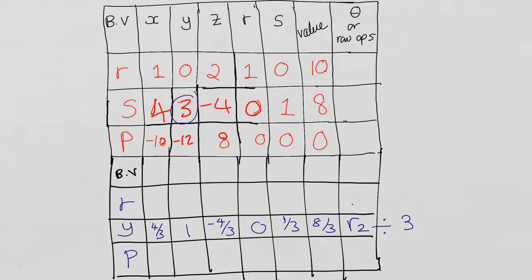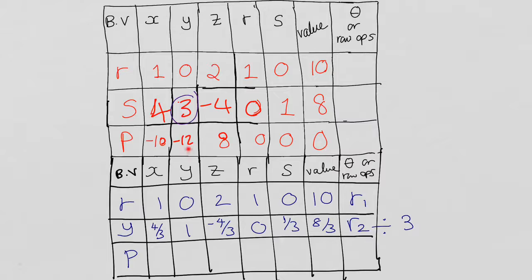Now, let me just fill these in because I should have done it earlier and I forgot. Okay, theta or row ops. Let's have a little look. This is already naught, so I don't have to do anything to row 1, so thank goodness. Little small mercies here to make my life easier. Right, not so easy down here.